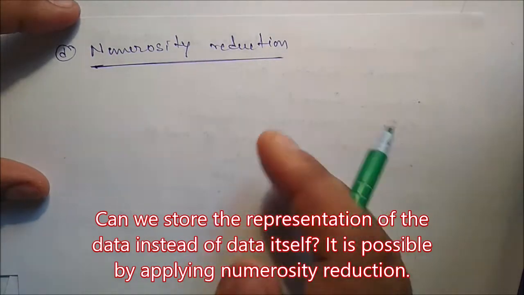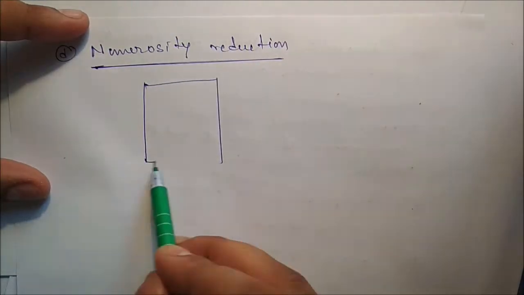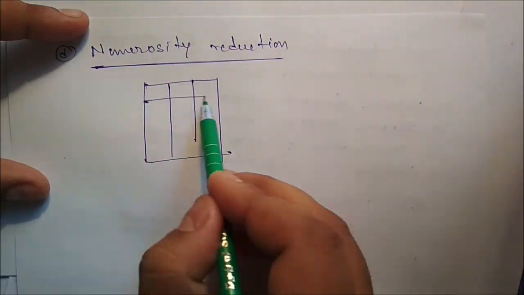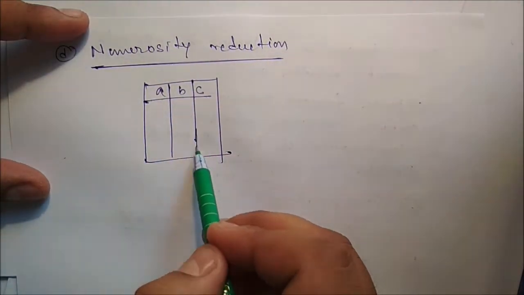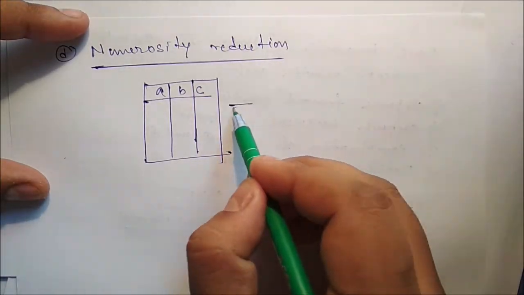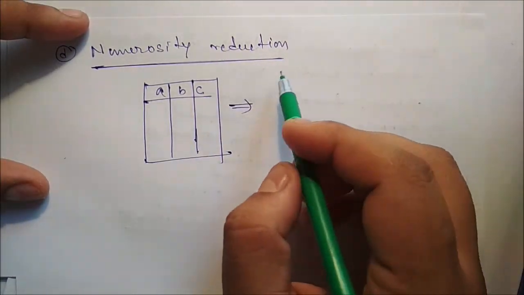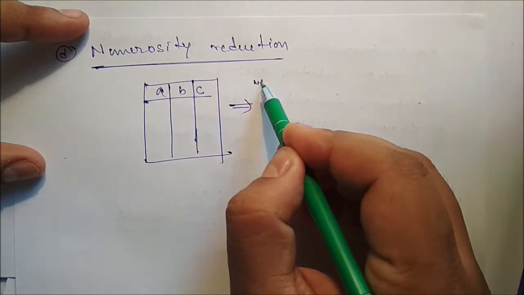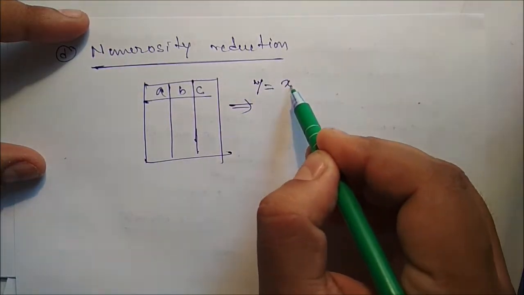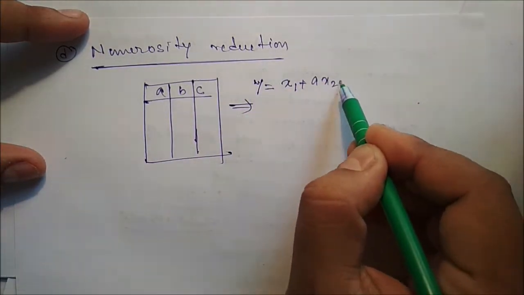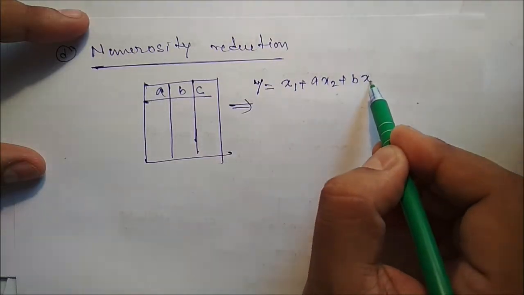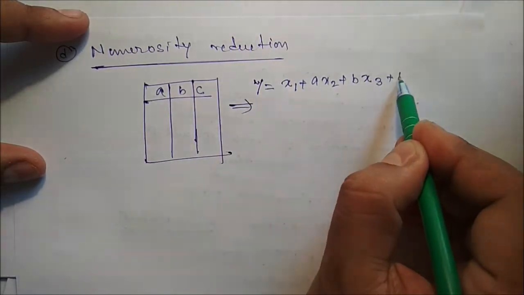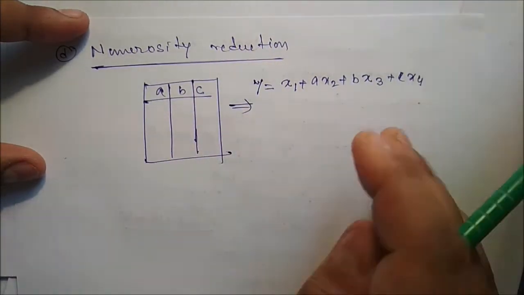Now suppose we have a data, say A, B, C. From this data we can form an equation, say y is equal to x1 plus a x2 plus b x3 plus c x4.